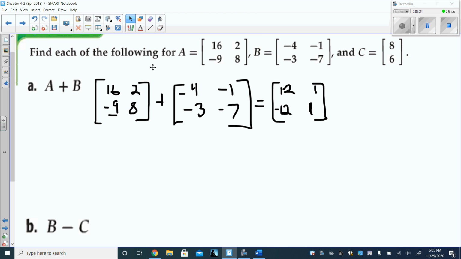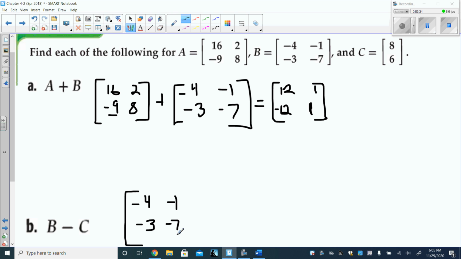Now the next one we have is B minus C. Matrix B is going to be -4, -1, -3, -7. Minus matrix C, which is 8, 6.